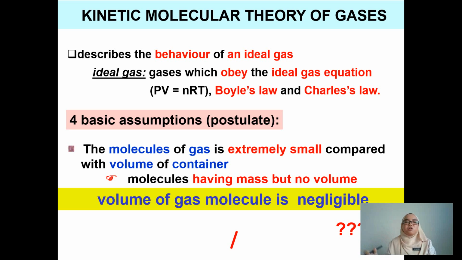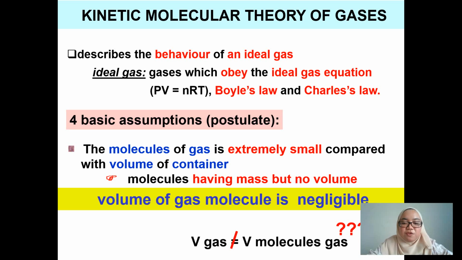There are four basic assumptions or postulates for the kinetic molecular theory of gases. The first one, the volume of gas is negligible, since the molecules of gas are extremely small compared to the volume of the container. Molecules have mass but no volume. We ignore their volume, as if they do not take up space in the container. So the volume of gas is not equal to the volume of the gas molecules.